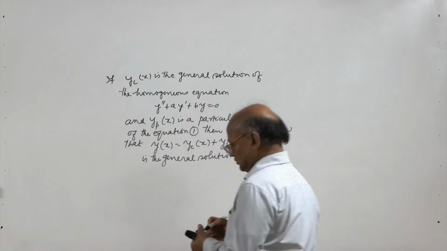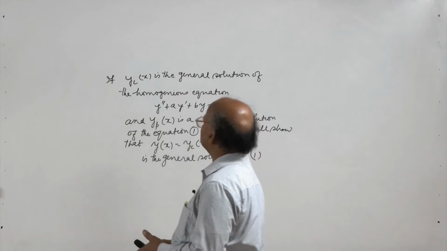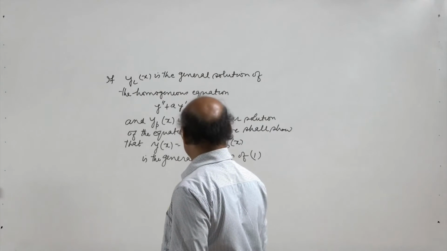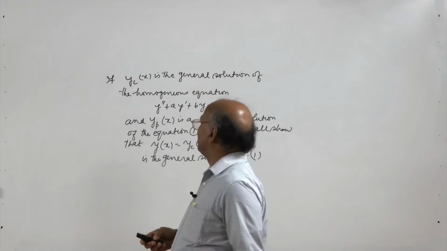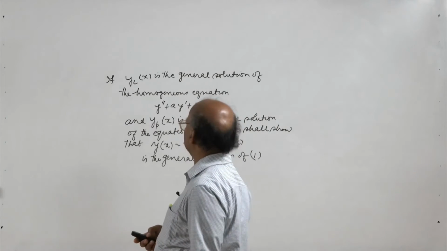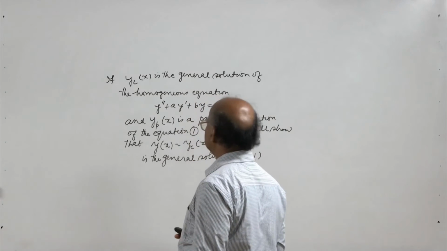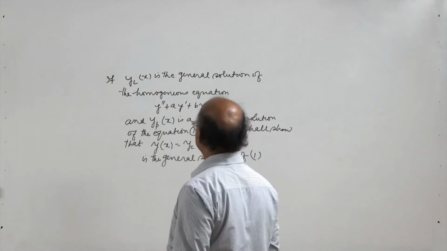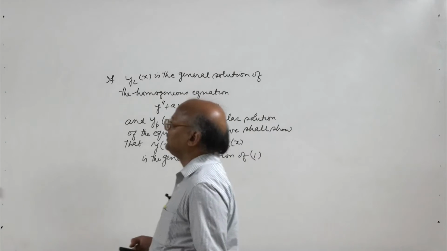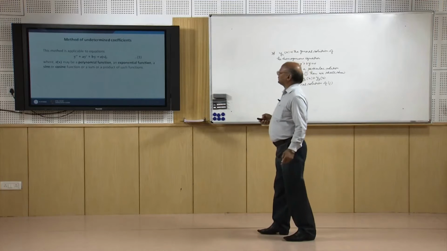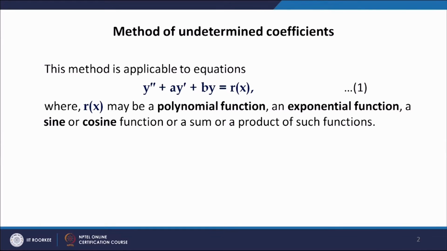Now y_c(x) is the general solution of the homogeneous equation y'' + a y' + b y = 0, which means y_c(x) will contain two arbitrary constants, and we know how to get the solution of this homogeneous equation. y_p(x) is a particular solution of equation 1, which means y_p(x) is a solution of equation 1 without any arbitrary constants.